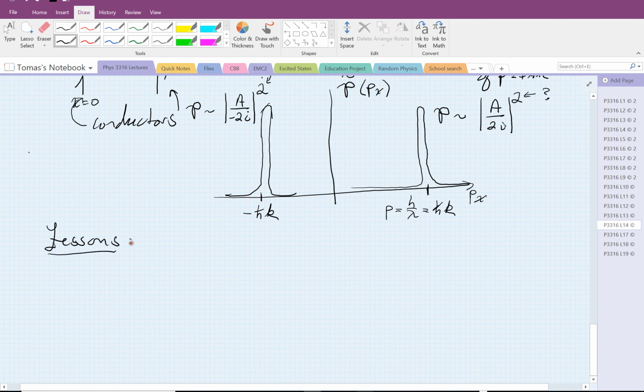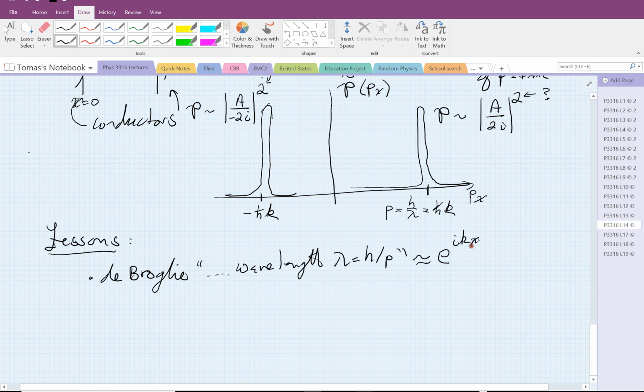The first is that it seems, and this really is a mathematical way of phrasing another piece of de Broglie's hypothesis, when de Broglie says those waves that we superpose have wavelength lambda equals h over p, what he's really saying is that we've learned that e to the i kx is a pure state of momentum, right, with momentum p, of course, equals h bar k, which is the other way of writing the de Broglie hypothesis.